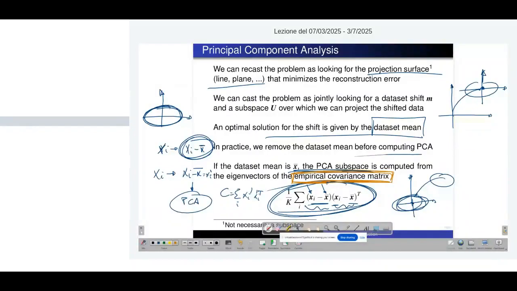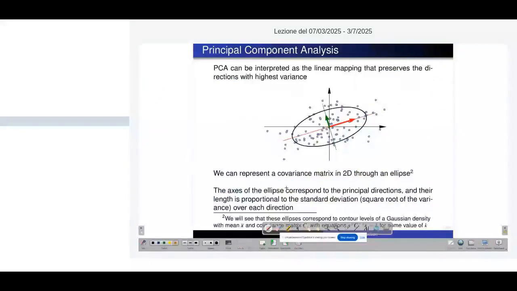It's a quantity that represents how spread out the points are along the different directions. The fact that the solution is the eigenvectors of the covariance matrix tells us something about what PCA is actually doing.